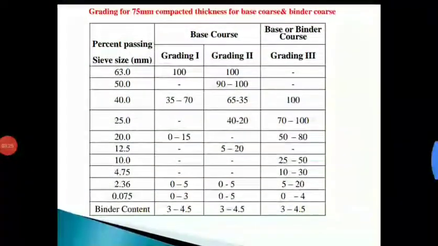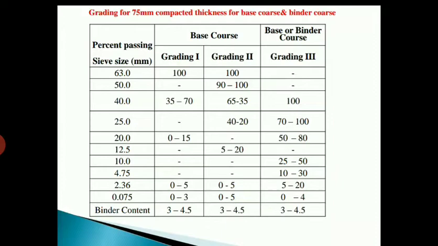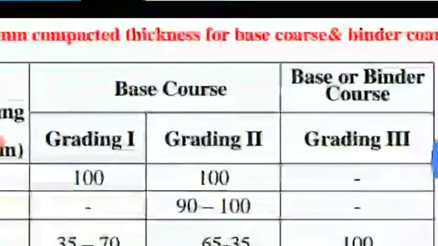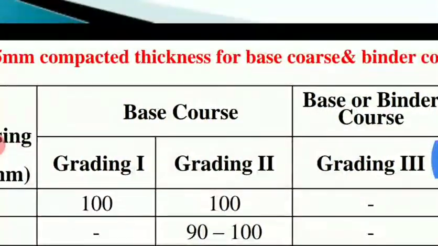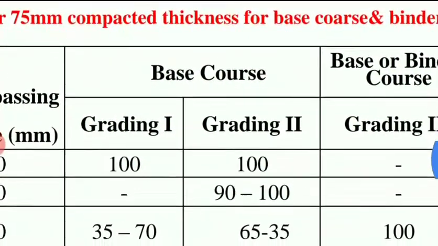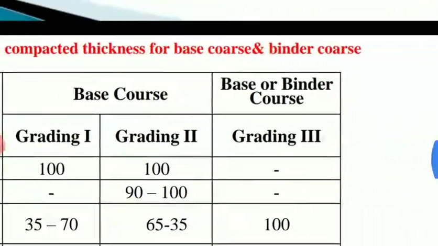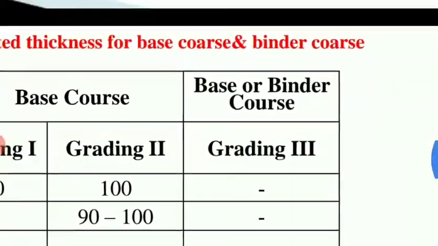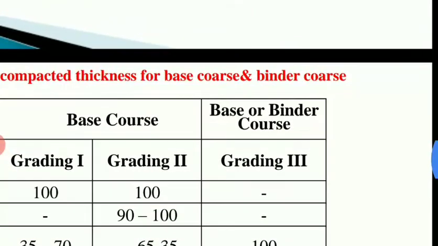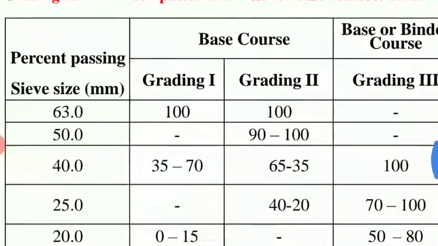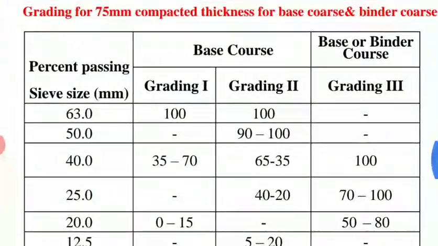And here the grading for 75 compacted thickness for base course as well as the binder course. Here you can see at the top, the base course consists of the first two grades, grading 1 and grading 2, and the third one is base or binder course, right? And here they have given the percentage passing the sieve size.